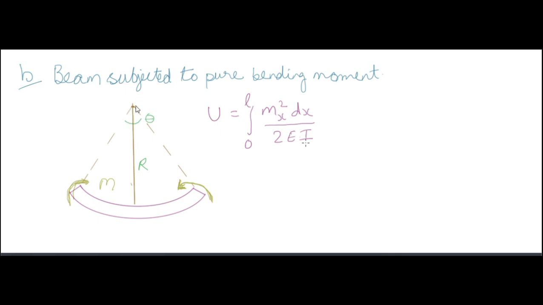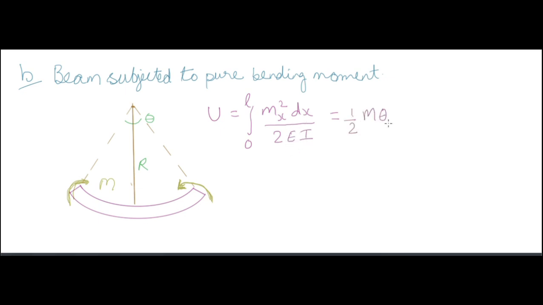When the beam is subjected to pure bending moment, the strain energy is equal to the integral from 0 to L of Mx square dx by 2EI. Mx is the bending moment at position x and dx is the elemental length. Both E, the modulus of elasticity, and I, the area moment of inertia, are constant values.